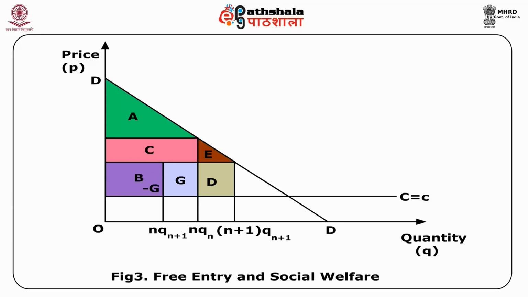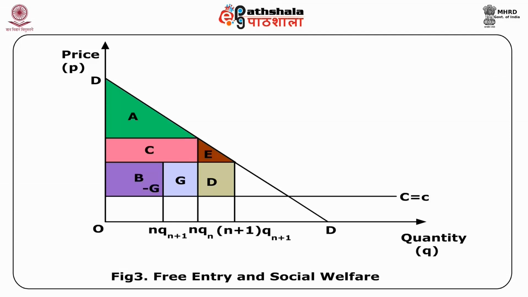Thus, after the entry of the new firm, price falls to Pn+1, and as a result, the net change in welfare is given by the area D plus E. That is, after the new firm enters, there is a gain in social welfare by the area D plus E.